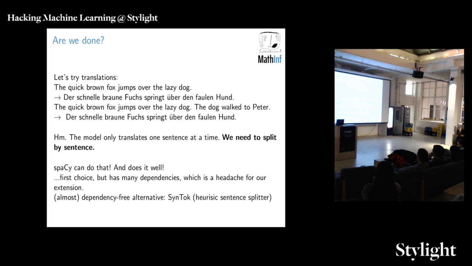So I use a package called Syntok that uses heuristic rules to split sentences. And the idea is to not split at a dot in order to not get abbreviations or dates mess you up.